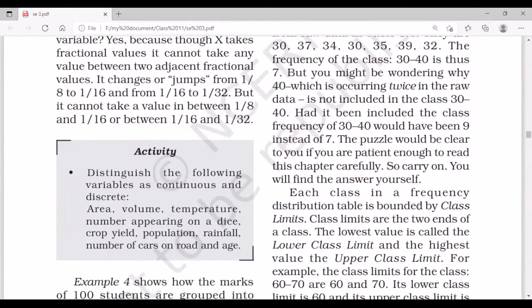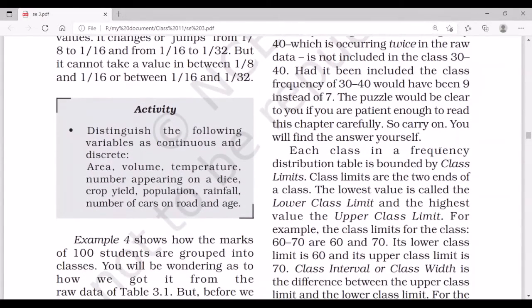Now let's move ahead. Each class in a frequency distribution table is bounded by a class limit. Class limits are the two ends of a class.